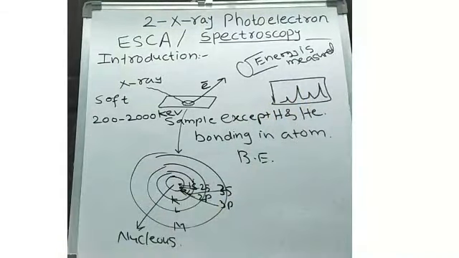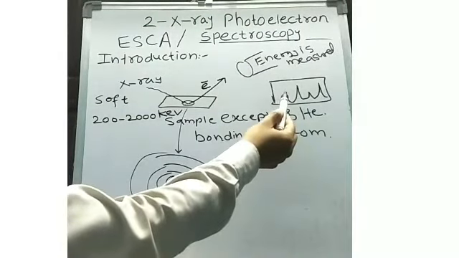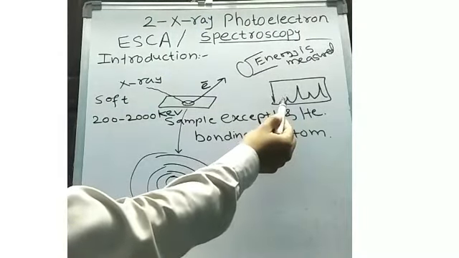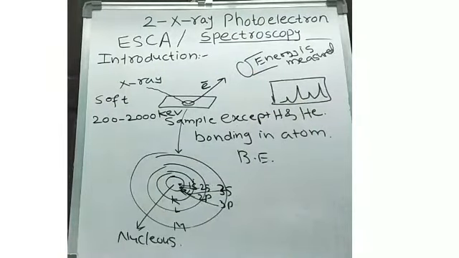The characteristic binding energy associated with each electron gives different sets of peaks, and this determines which element is present. So this graph shows which element is present.